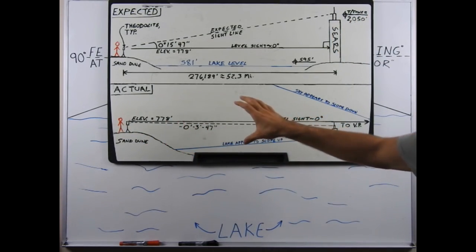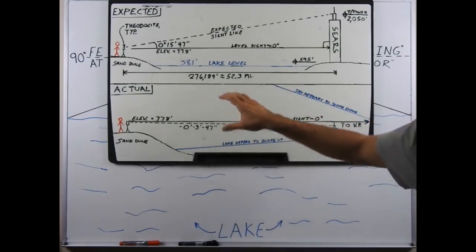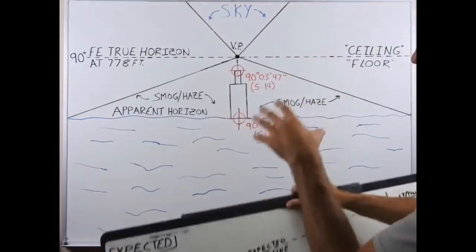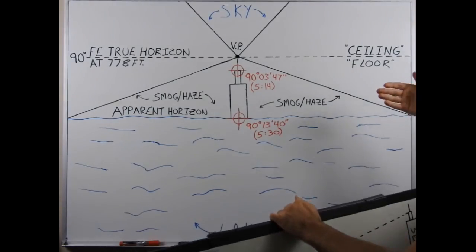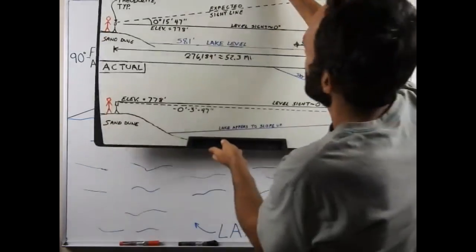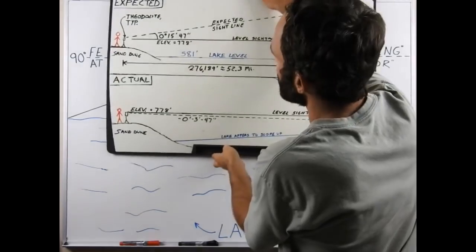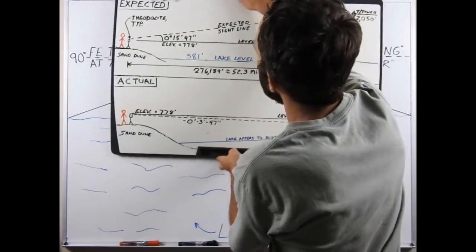So this is basically what he's seeing from this side, if that makes sense. Okay? Just to try to visualize what's going on here.